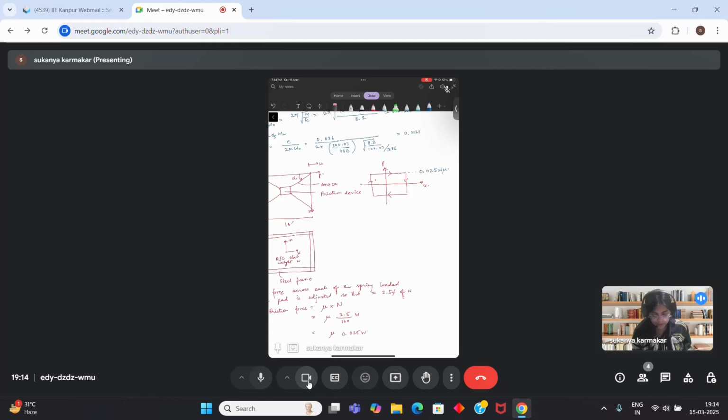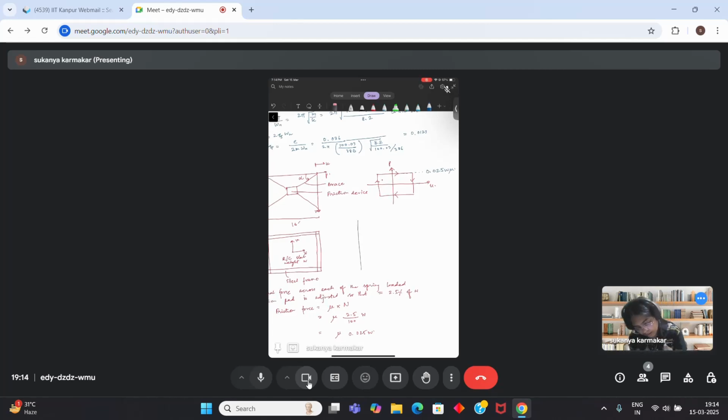Then it's given that a record, something like this, is also given. On the x-axis we have time in seconds, and on the y-axis you have u in inches. Suppose it starts from a point here where it is 5.5 inches, then it undergoes oscillations.